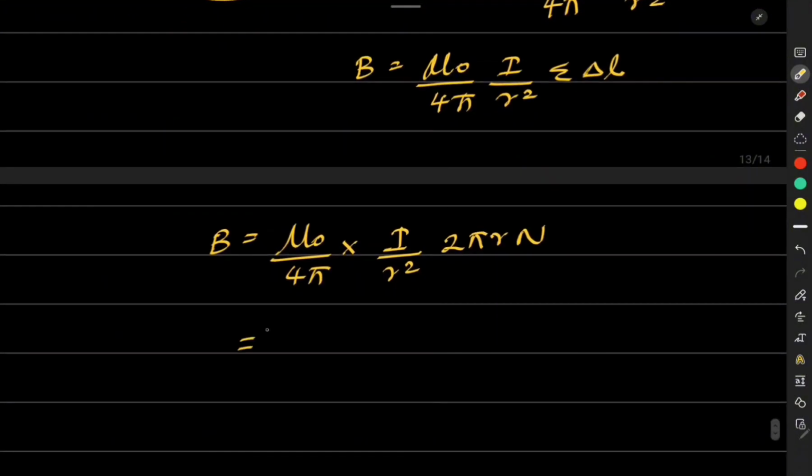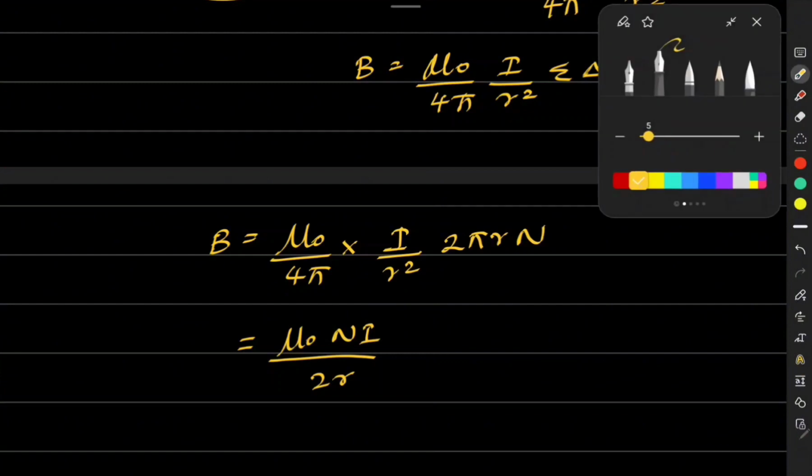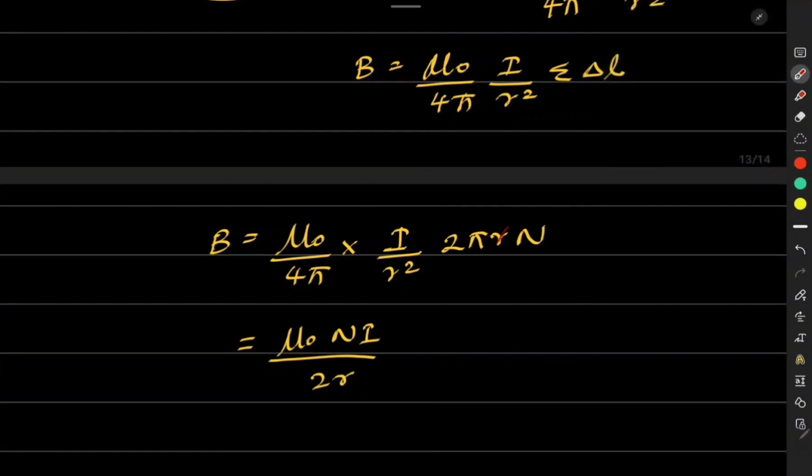If we simplify these, mu naught into nI divided by 2R. You can see that R and R squared cancel off, 2 pi divides, and 2 is 2.